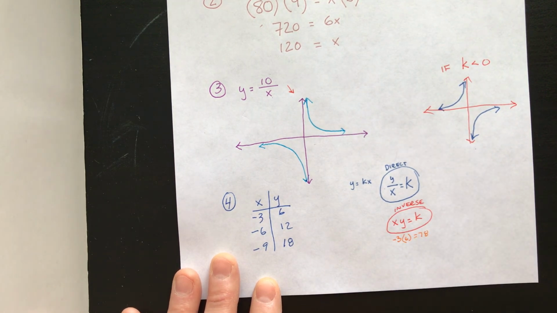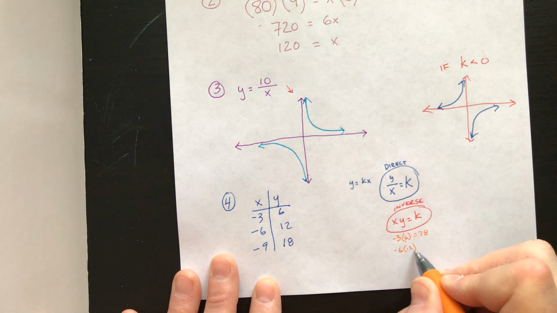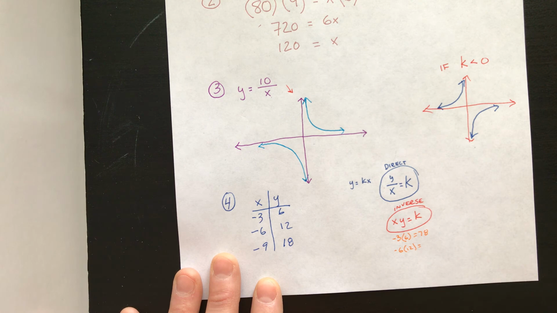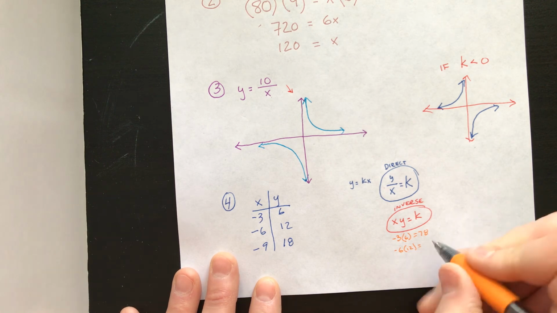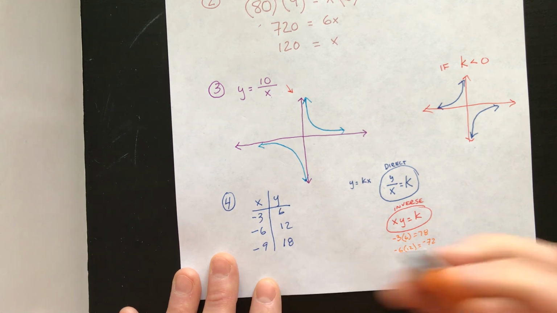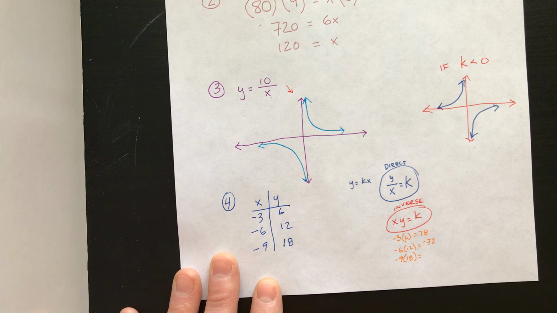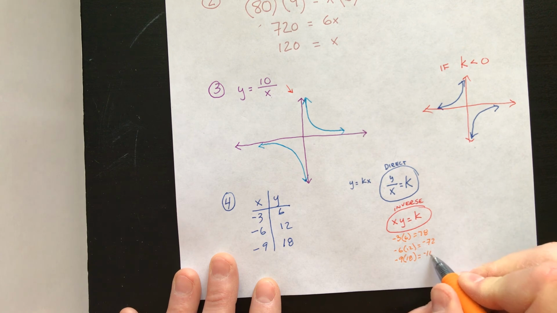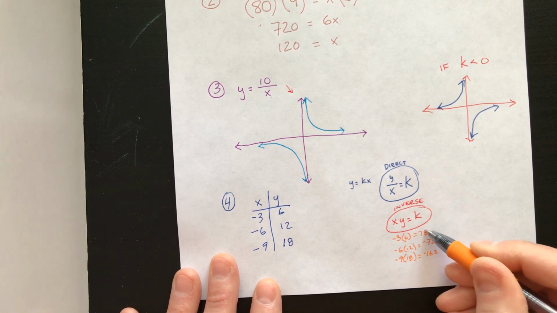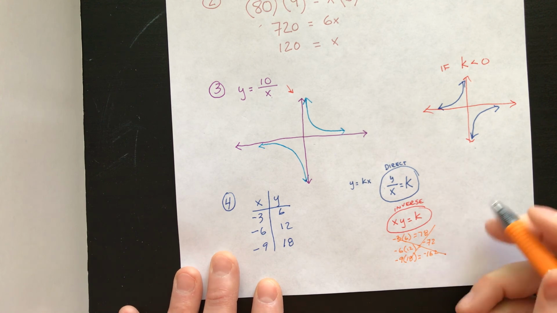And then we get -6 times 12, which is -72. And then -9 times 18. Honestly, at this point, I could have stopped because I don't have the same numbers yet. So that's negative 162. These k's are all different. This is not inverse variation.